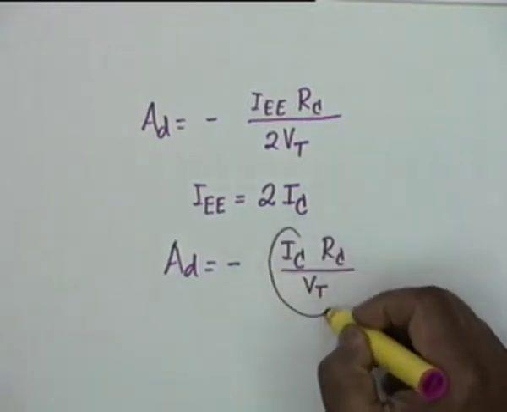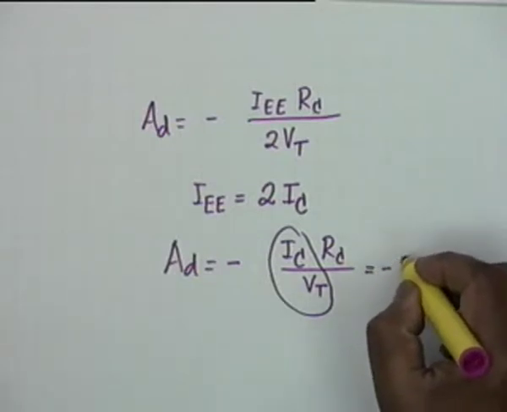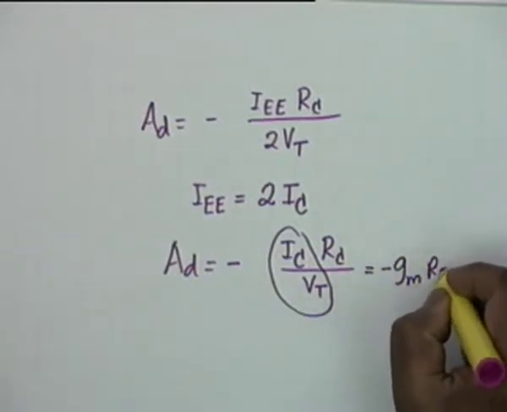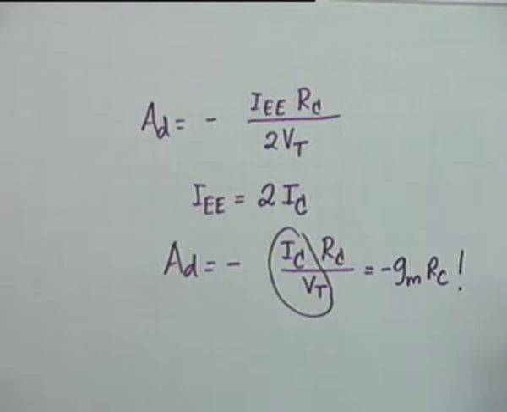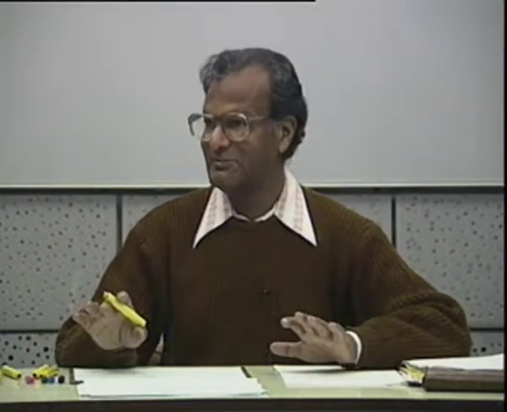And you also remember what is IC by VT? GM. So it is minus GM RC, which is a very familiar expression. This is the gain of a simple common emitter amplifier with a load of R sub C. If the load is different, if there is another load capacitively coupled, there is no capacitive coupling here.